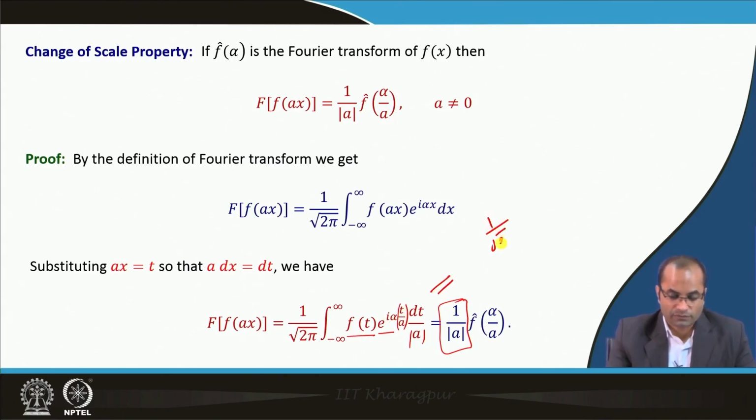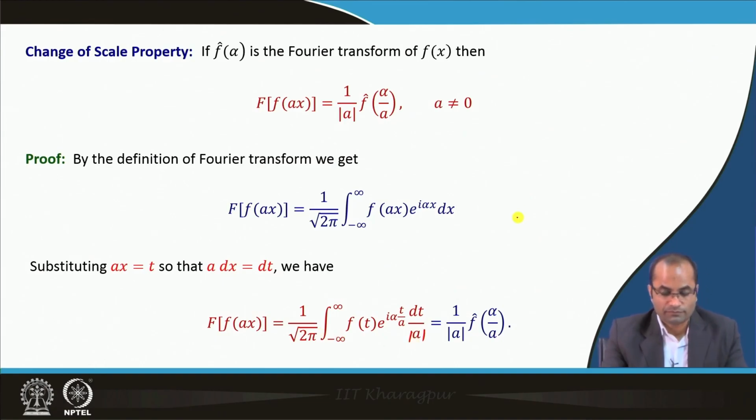So just rewriting this again, we have 1 over square root 2π, which will anyway be taken care of with the definition of the Fourier transform. So we have 1 over the absolute value of a and 1 over square root 2π, minus infinity to plus infinity, f(t) e^(i, instead of α now α over a, t) dt.